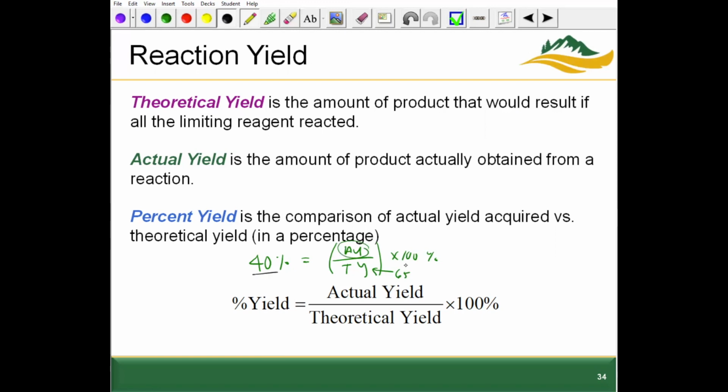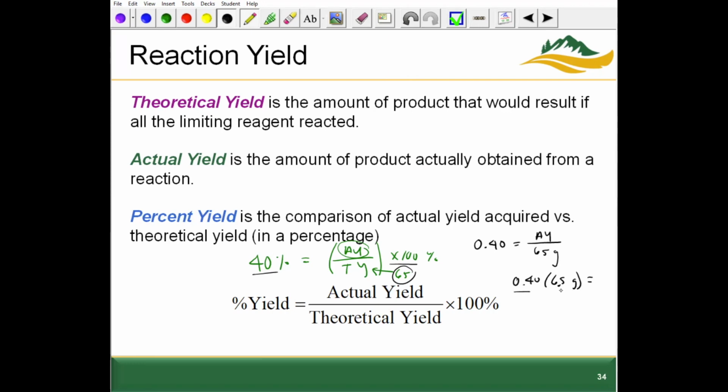So 40% divided by 100, that's 0.40, and that's going to equal our actual yield over 6.5 grams, our theoretical yield. So then 0.40 times 6.5 grams is our actual yield.